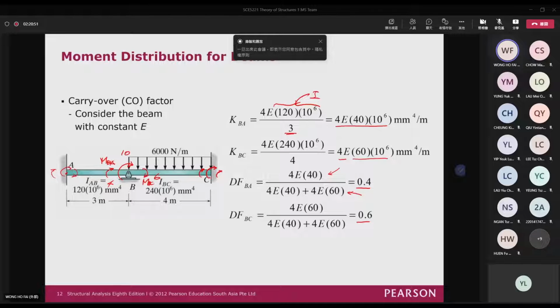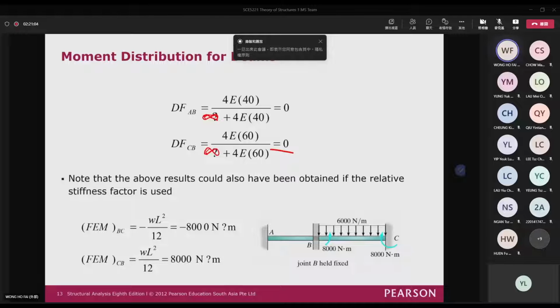But you know that the wall has infinity stiffness. We assume that the wall is rigid, so the stiffness is infinity. So no moment will be distributed to the member end. When there's a moment applied at the wall, there's no member end moment. All will be distributed to the wall.